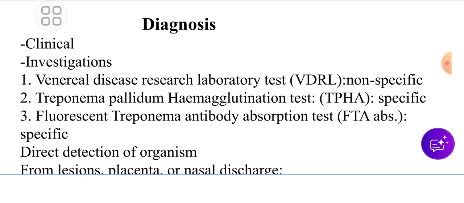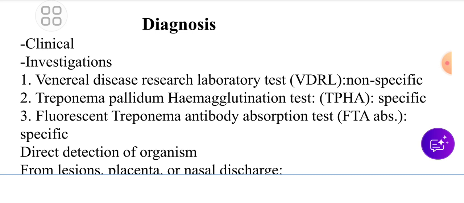Treponema pallidum hemagglutination test: here, the antigens used for detection of the antibodies are treponemal antigens. Fluorescent treponemal antibody absorption test: this is also specific because the antigens used for detection of antibodies are treponemal antigens.